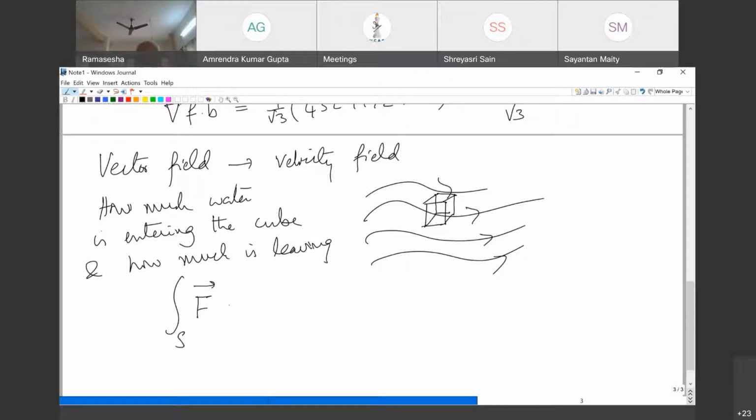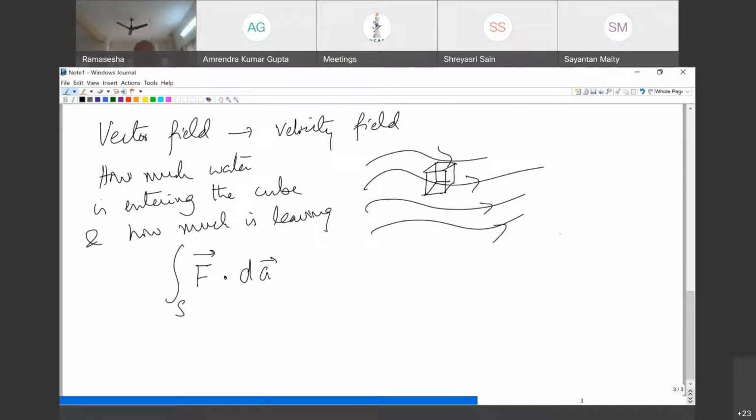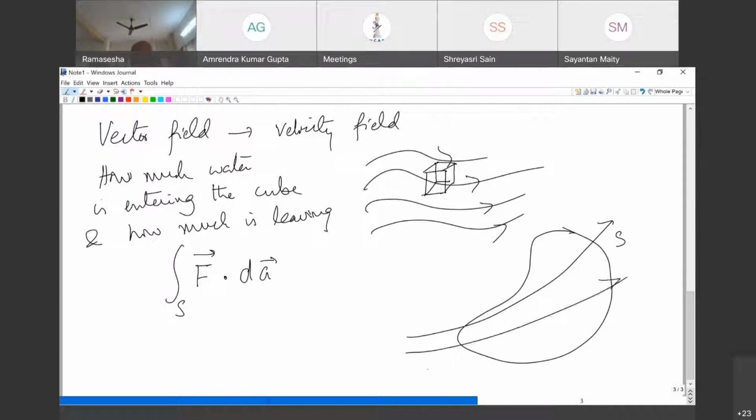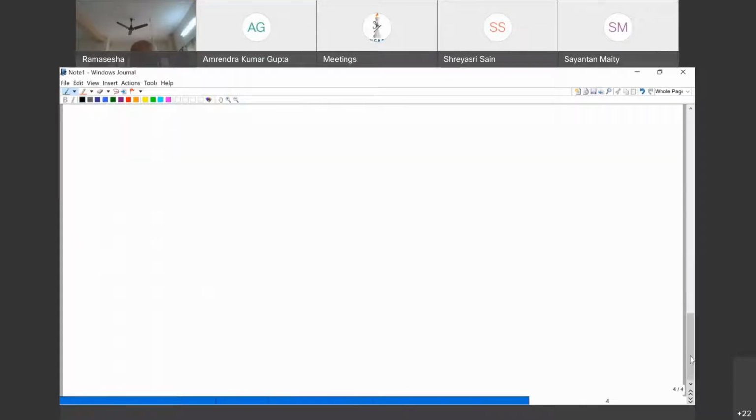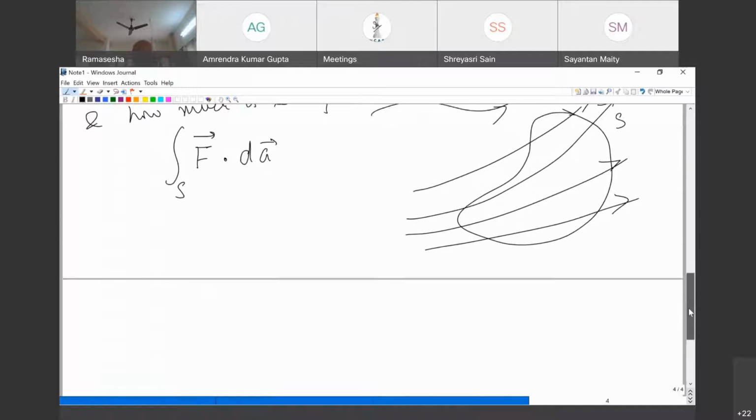Around a surface, which is F dot dA, where A is the area. Let me draw the figure here. I have some kind of a surface, and I want to know how much is the flow going through the surface. In order to calculate that, I have to do this integration.